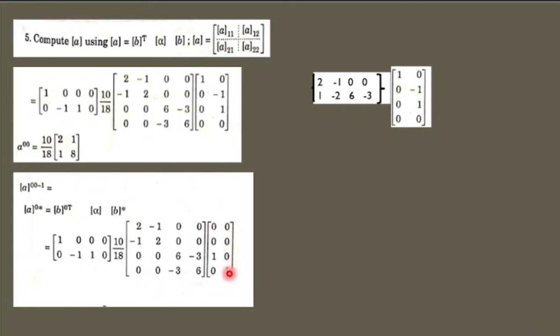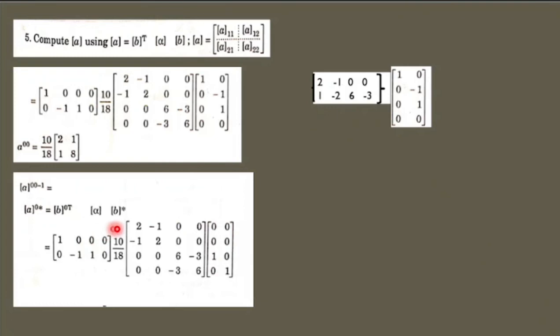So, this is the only change. If you want to find the A naught star matrix, you should substitute B naught transpose. B naught transpose is already known, and apply that. What is the alpha matrix, which is known here, substitute, and the third component is B star. So, B star is this component.